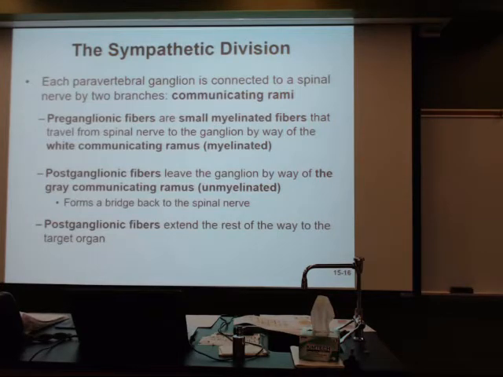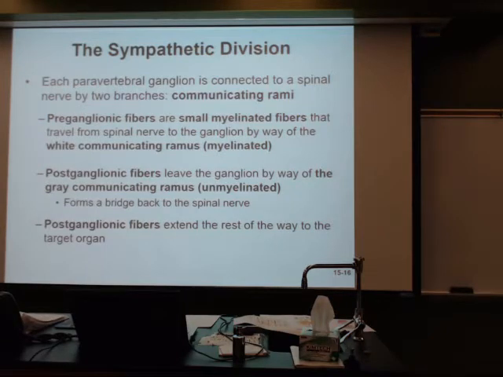So based upon this first picture, it's trying to let you know that the pre-fiber has to travel by way of the spinal nerve to the ganglion, which is an area of nerve cell bodies.